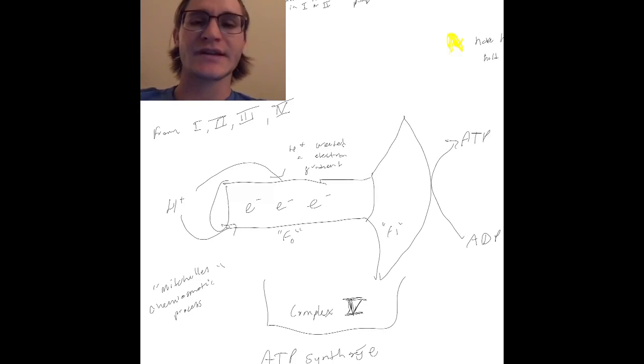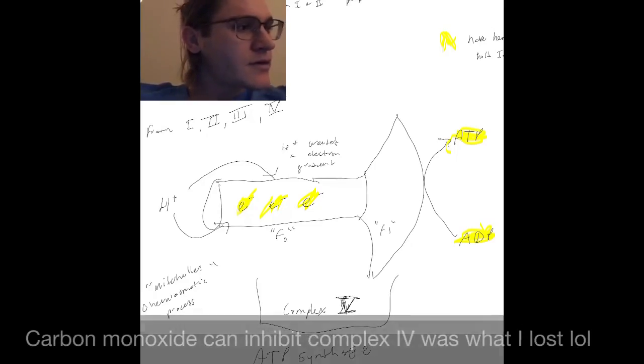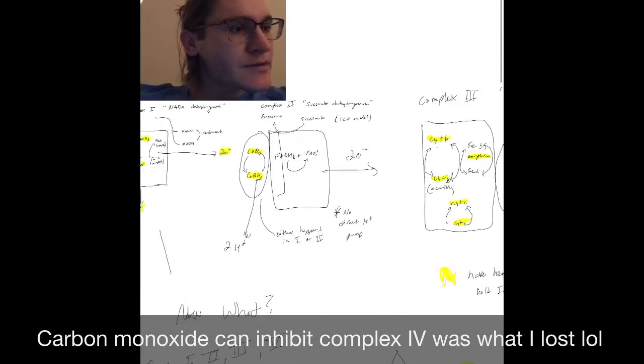There's different things that can inhibit, or different poisons that inhibit the electron transport chain, such as carbon monoxide. Let me see, I have a note somewhere with this.